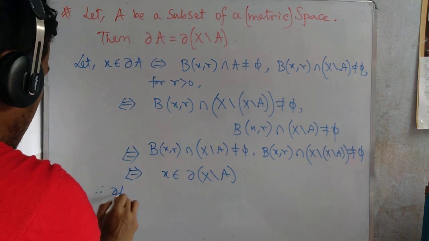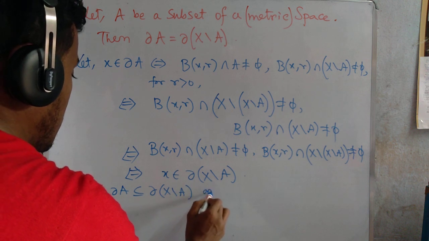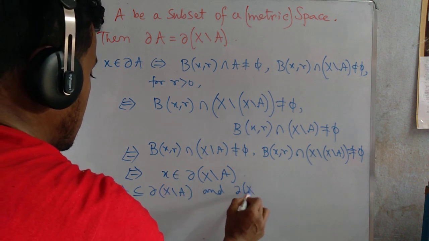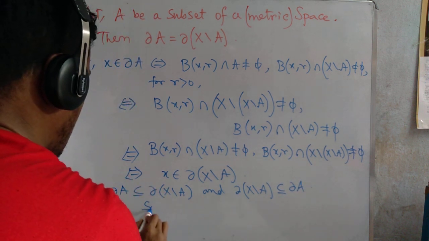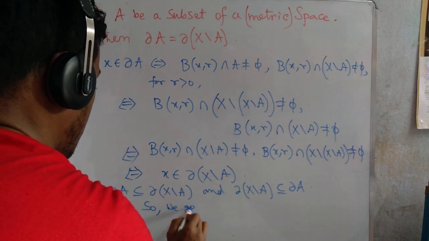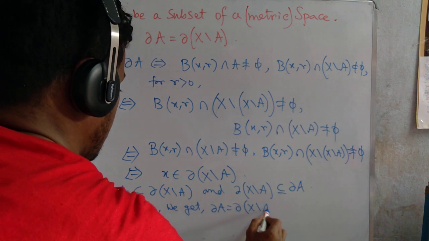So we write this subset of this and this subset of this. So what happens? So we get del A equals del of X difference A.